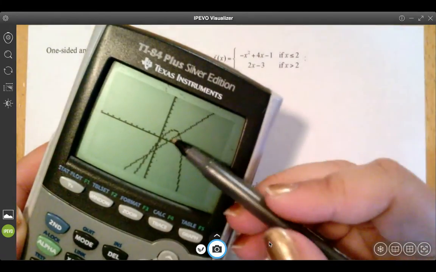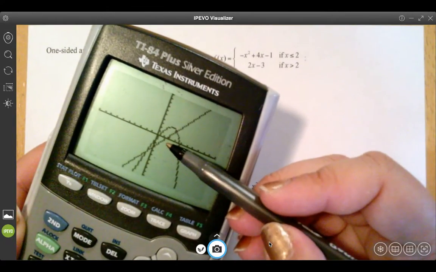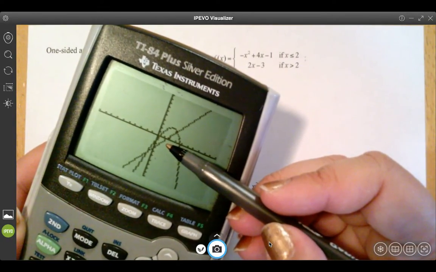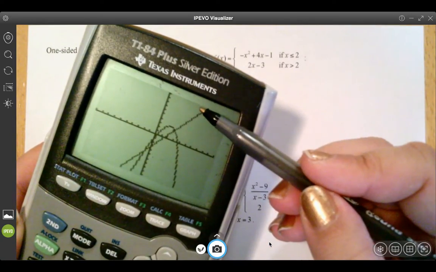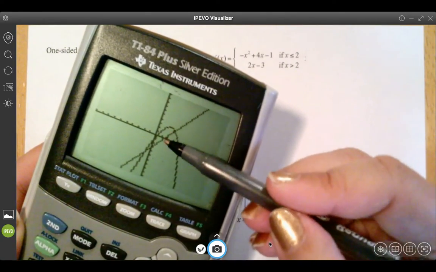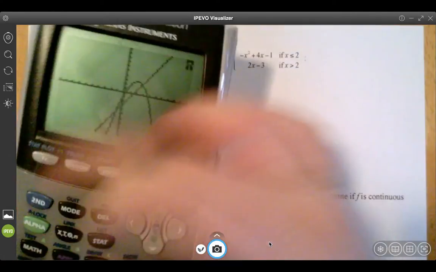So the question is, at 2, are these continuous? Well, it doesn't look like it, right? Each of the two graphs is continuous at that point, but it doesn't look like we'll have a two-sided limit. So let's find it.